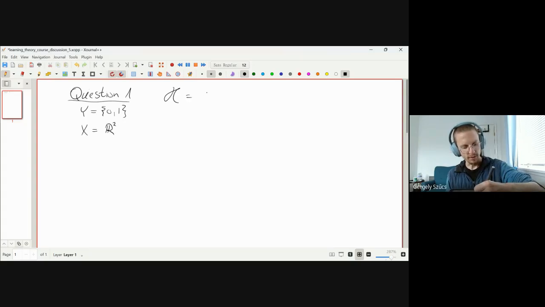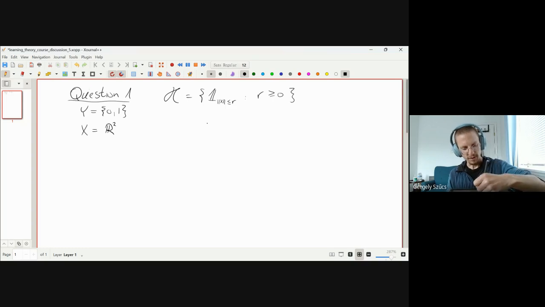The hypothesis class was this set of functions, which are the indicator functions for closed disks, or the set of vectors in R2 where the magnitude is less than or equal to R, for R bigger or equal to 0.